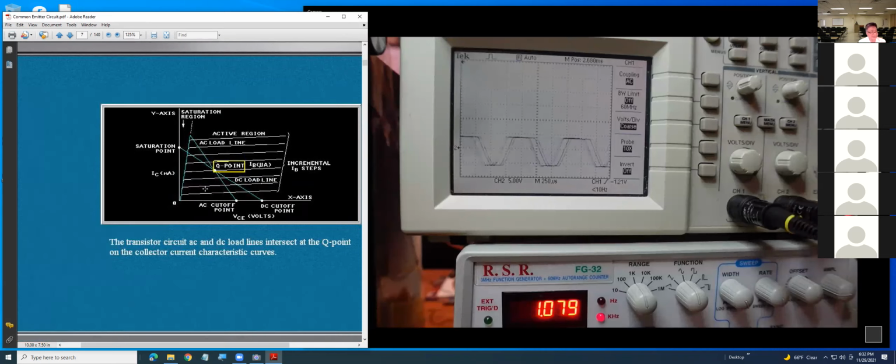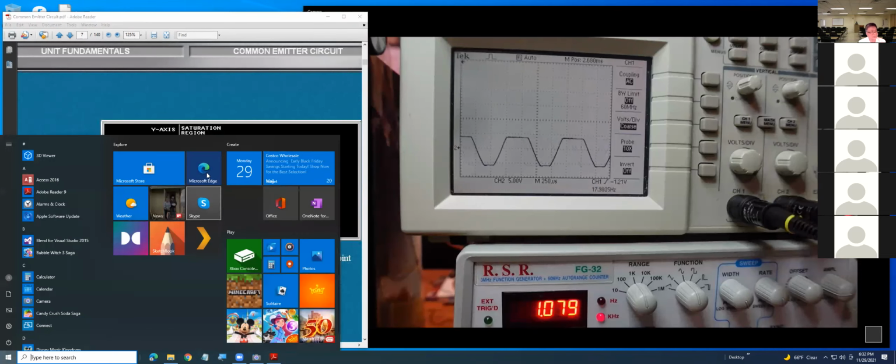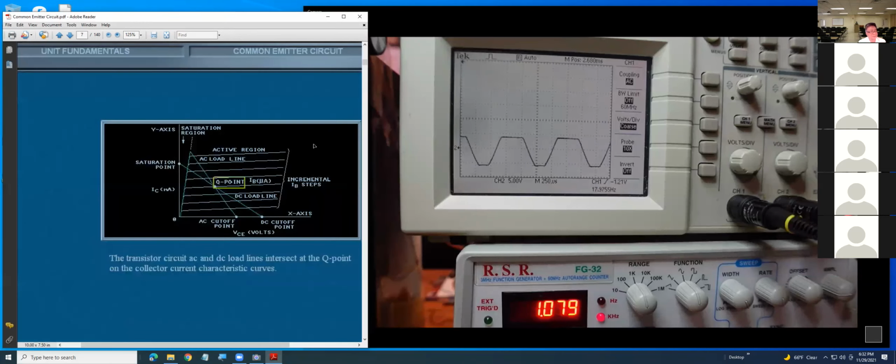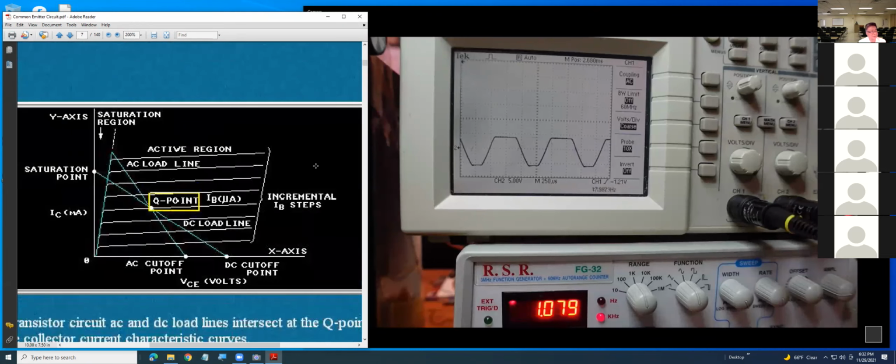Okay, and now you can see on that one, this is the load line. That stands for current IB. Okay, IB. That stands for VCE.